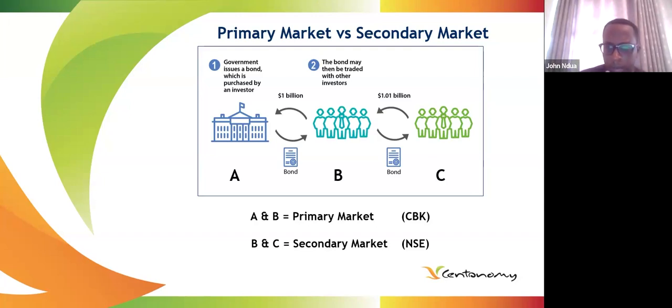So B and C happens every single day except public holidays and weekends. A and B happens every week for treasury bills and every month for treasury bonds. The primary market is held by the central bank. The secondary market is held by the Nairobi Securities Exchange and any exchange in any country. That's how it works, ideally.